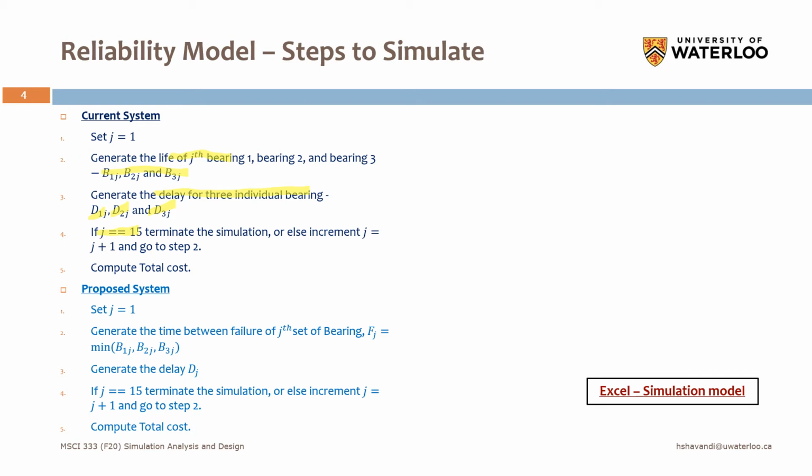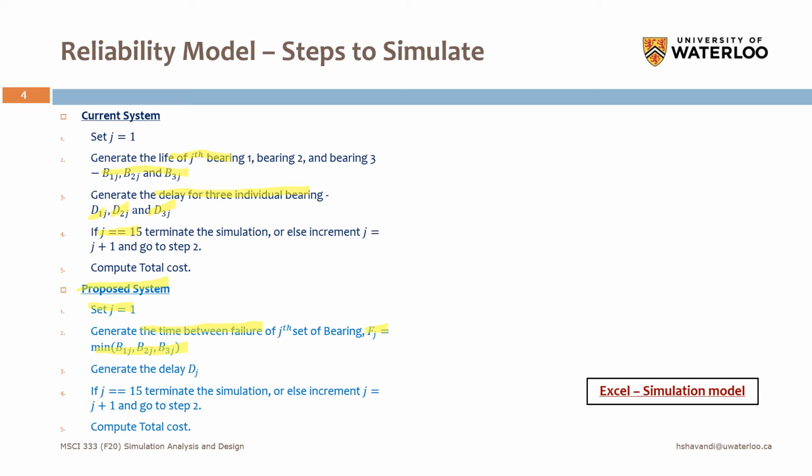For the proposed system, again, we set j equals 1, and at this stage, for the jth set of bearing, we generate the time between failure, which will be the minimum of the useful lives, right?